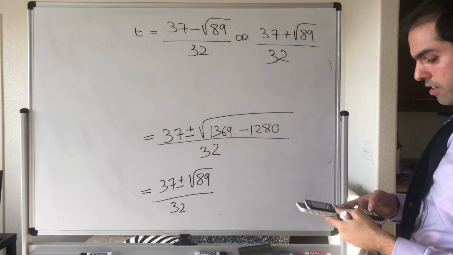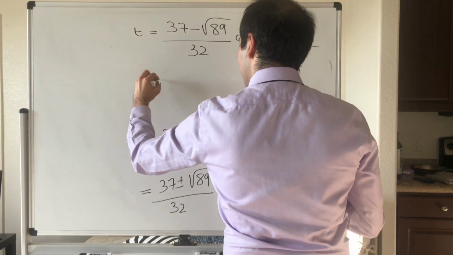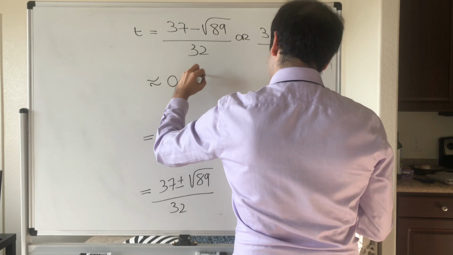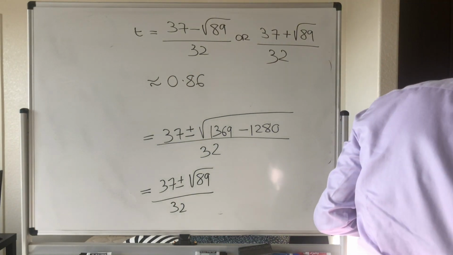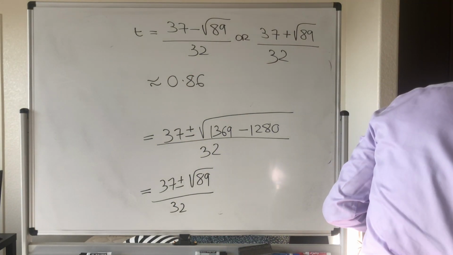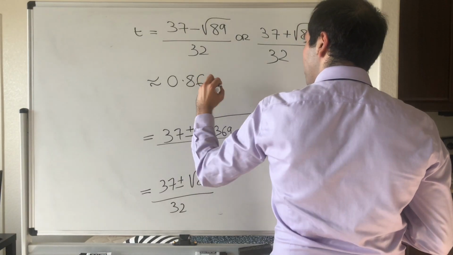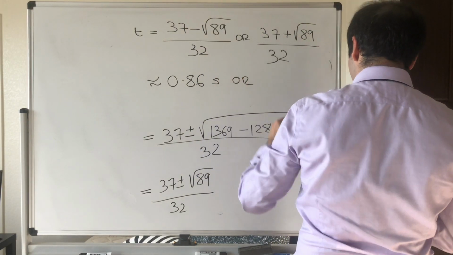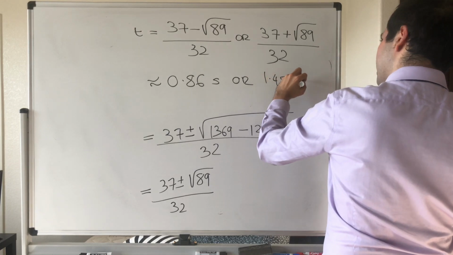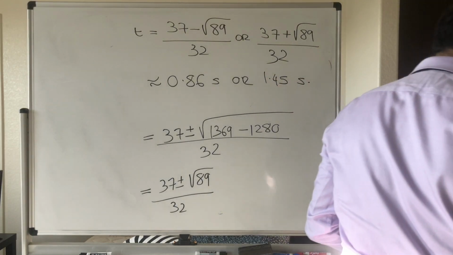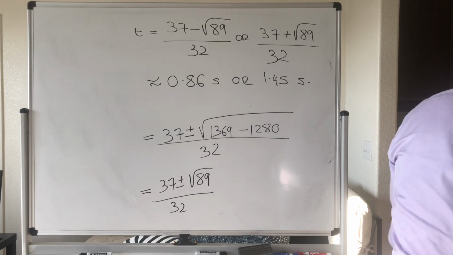And we can solve this. So the first one gives you roughly 0.86. Again, the units here, I think, are seconds. So either 0.86 seconds or 1.45 seconds. And I think that's it. So again, enough physics for today.